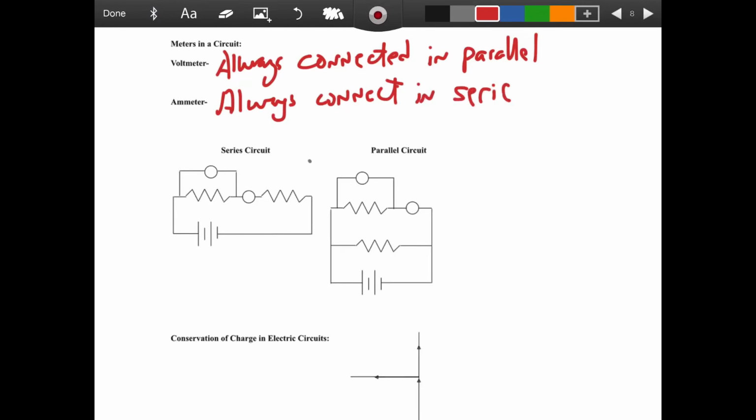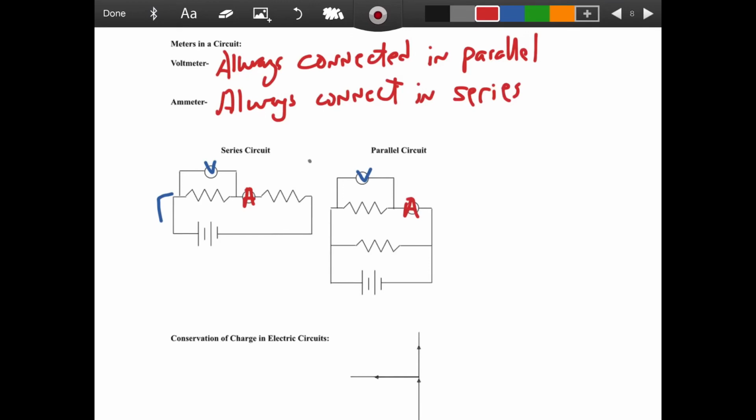And we want an ammeter connected in series because we want all of the current to go through. So we kind of want those to be right in the circuit. So here we can see that current splits. So this is going to be a voltmeter. Same with here. You can see these are measured in parallel, which means that all of the current goes through here, making it an ammeter. And same with this one.